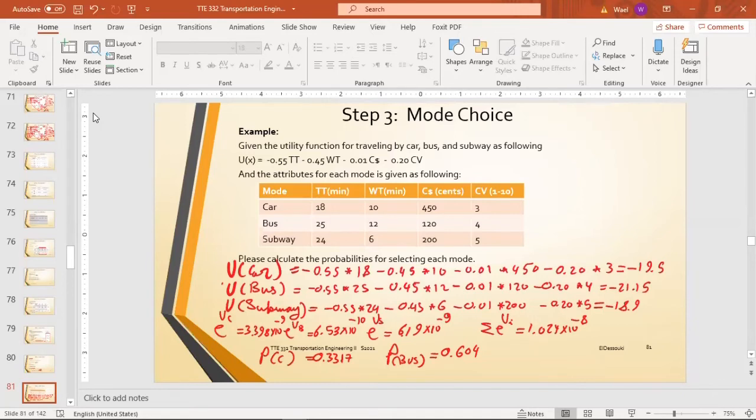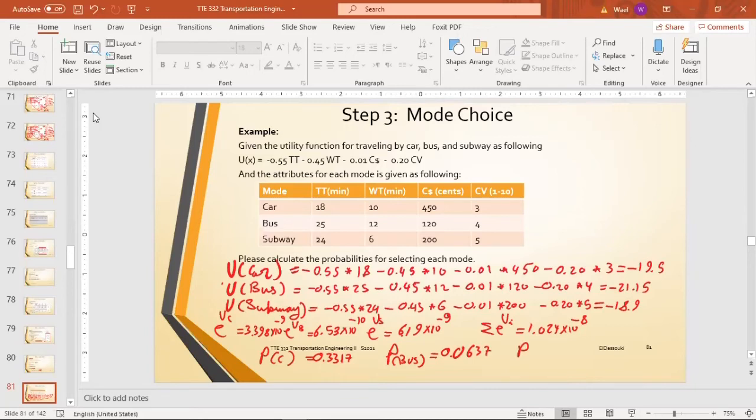The second one, that's 6.53 E minus 10 divided by 1.024 E minus 8. Okay, so this one is basically 0.0637.